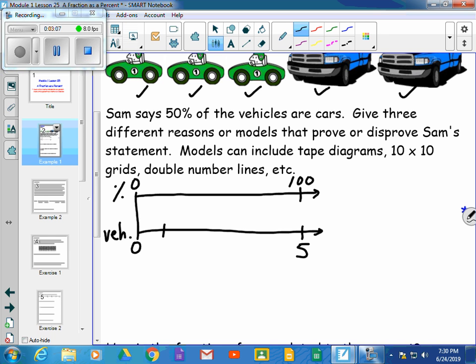Well, what if we split this down here into 5 equal pieces?